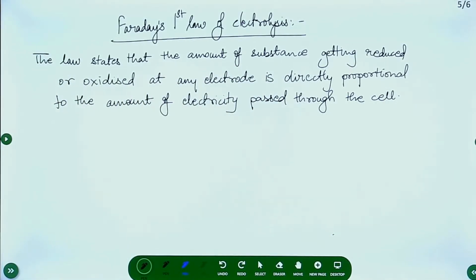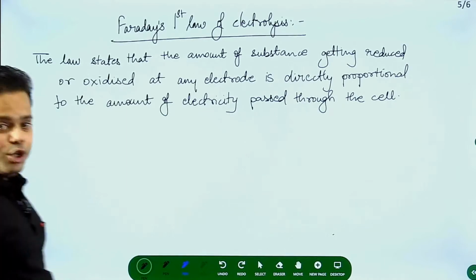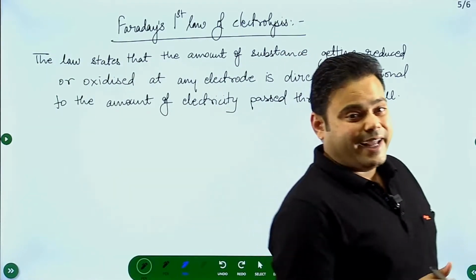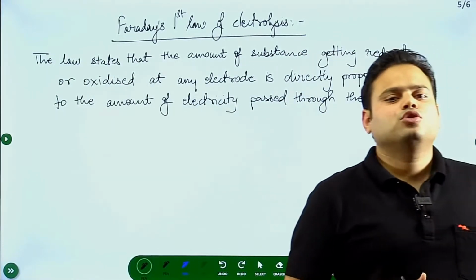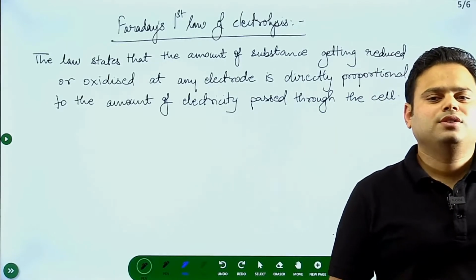Okay, so the law states that the amount of substance getting reduced or oxidized at any electrode is directly proportional to the amount of electricity passed through the cell.